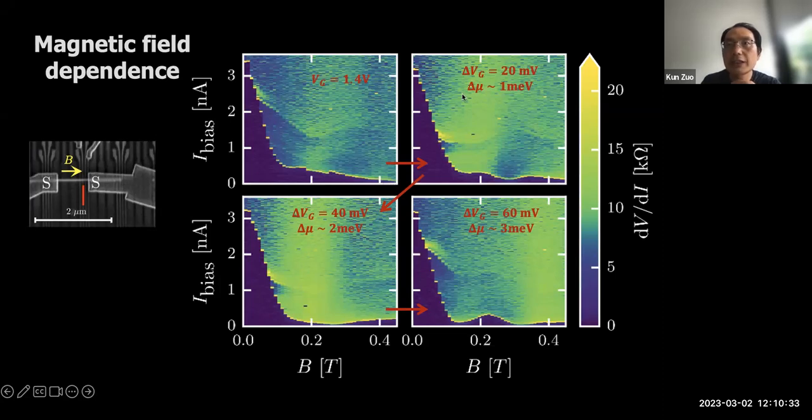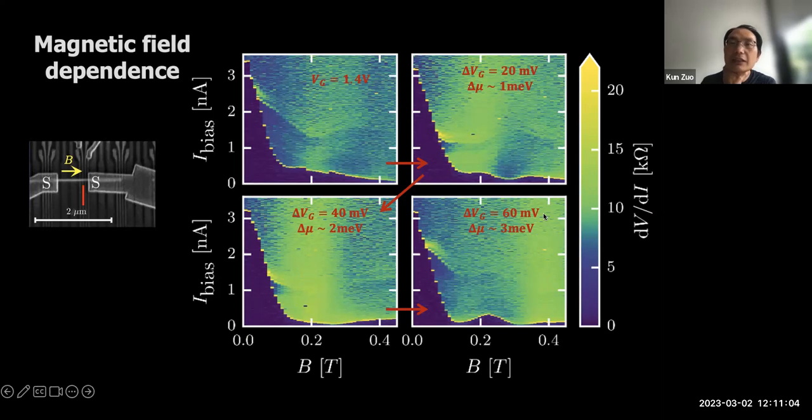Now, if you change the gate voltage by only 20 millivolts, where the gate is indicated here by the red line, you can see that the node changes quite dramatically. So instead of only one, we have one, two, and maybe three here. By continuing to change the gate voltage, you see the supercurrent oscillation keeps changing.